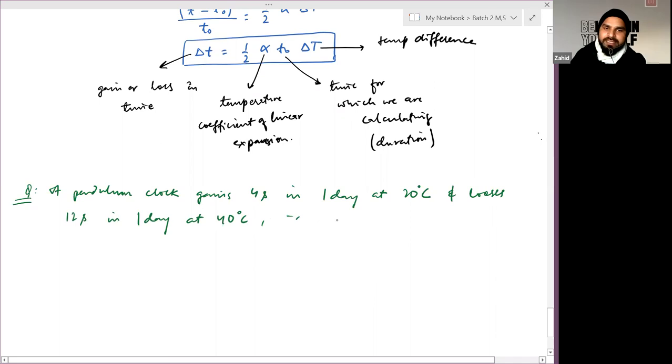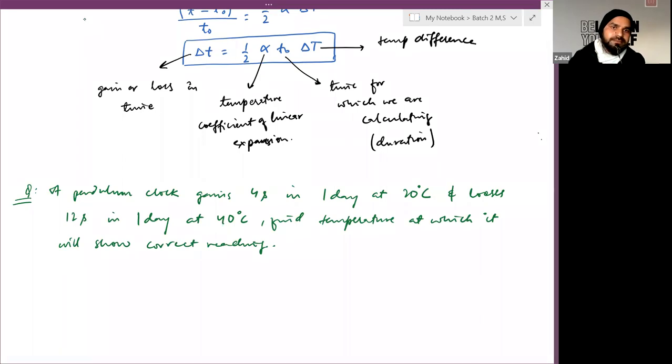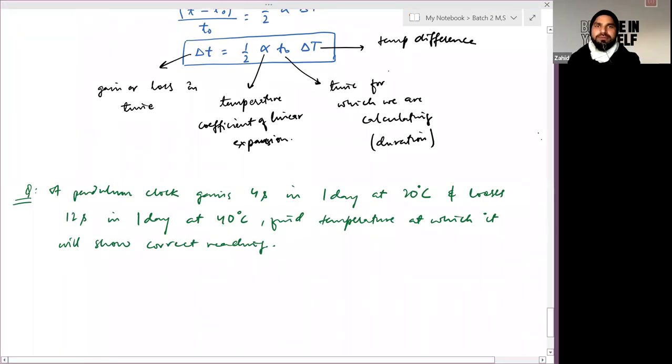So find temperature at which it will show correct reading. Let me define you how to simplify this part. First, write it down, the above expression and then this question.